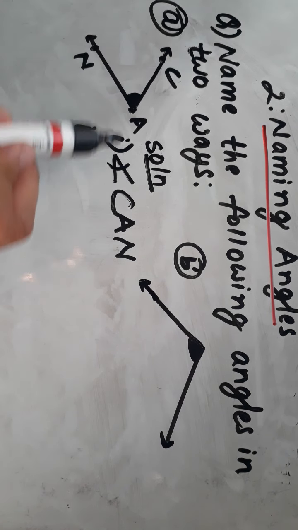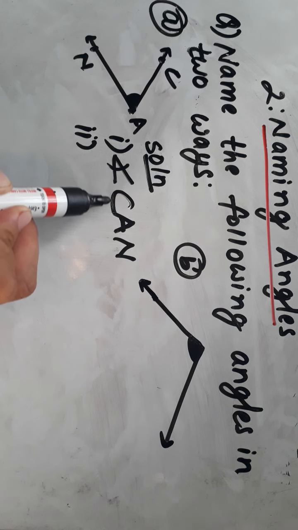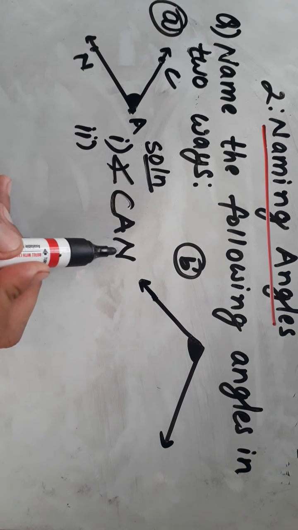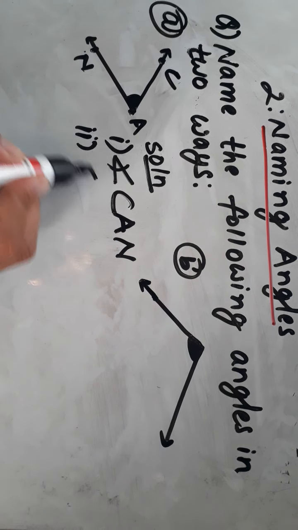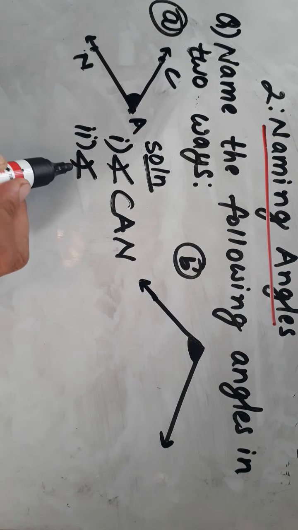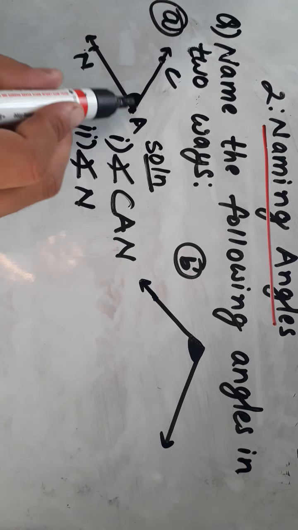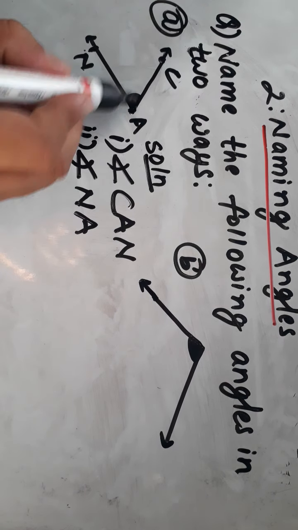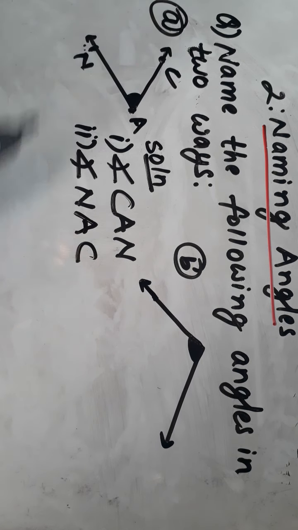In the first way we wrote C first. Now in the second way we have to put N first. So you have to begin from N. You have to write the angle symbol, angle N, then A, at last C, angle NAC.